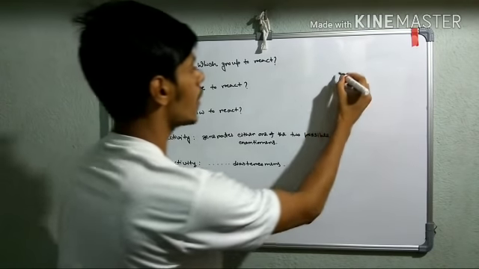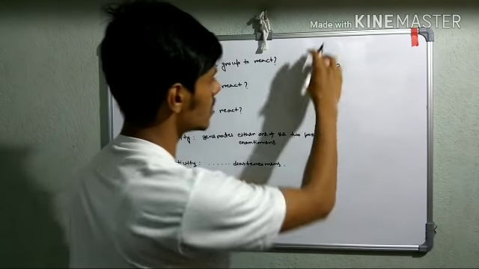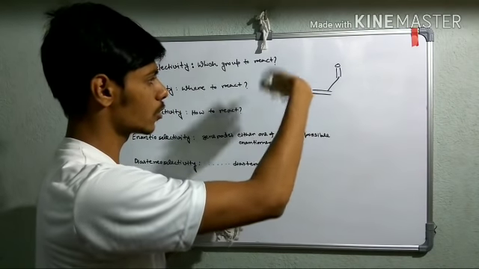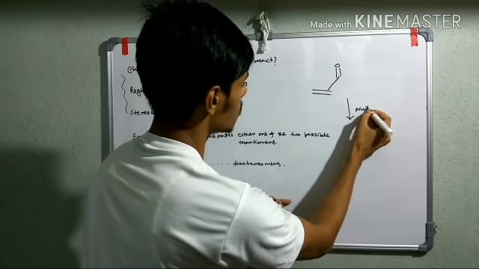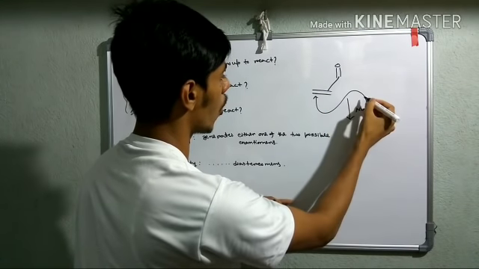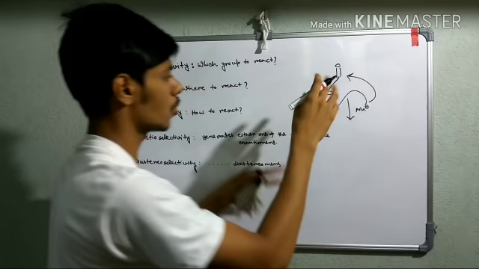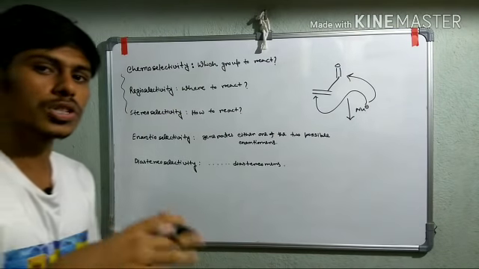For example, let's say you have an alpha beta unsaturated compound like this. This is a single functional group, but when you do a nucleophilic reaction here, the nucleophile can either attack the 4 position or the 1 position. Whether it attacks at the 1 or 4 position is the question of regioselectivity.